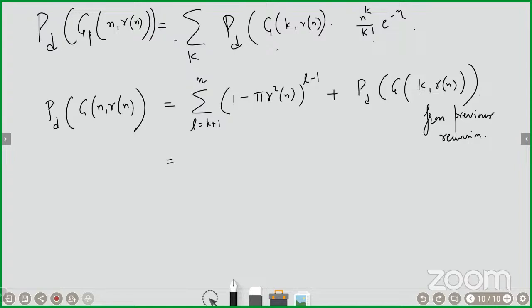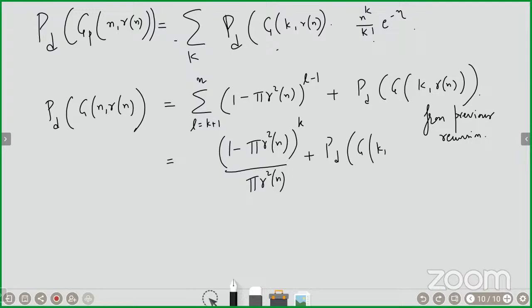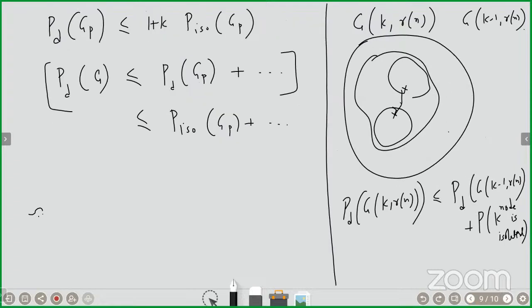This is equal to. So that was my dots. I wrote something previously. Here, dot. These are my dots.